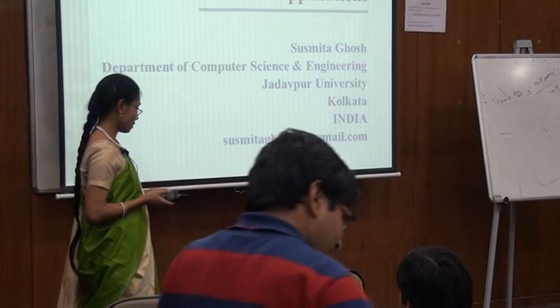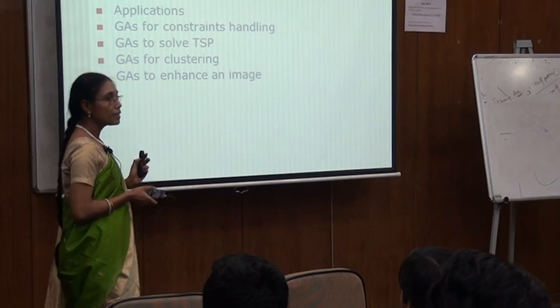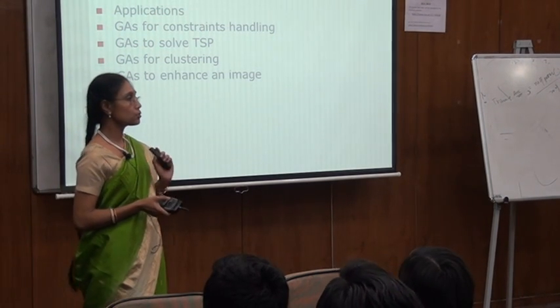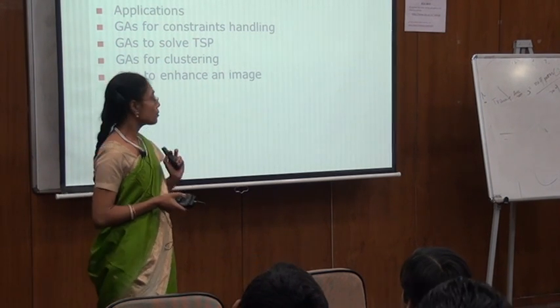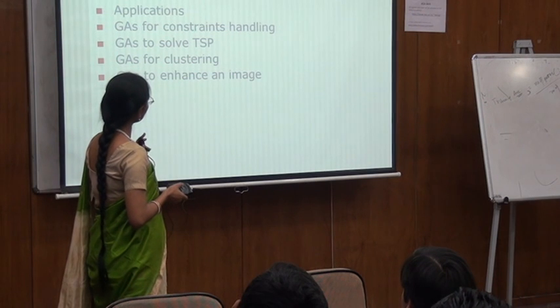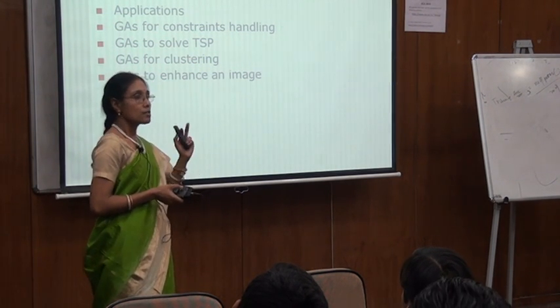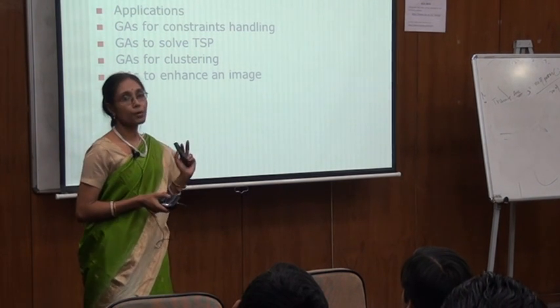My talk will be the introductory part only, an introduction to evolutionary algorithms and their applications. I would like to mention or highlight some of the areas, I mean, how we can use evolutionary algorithms for these types of problems.